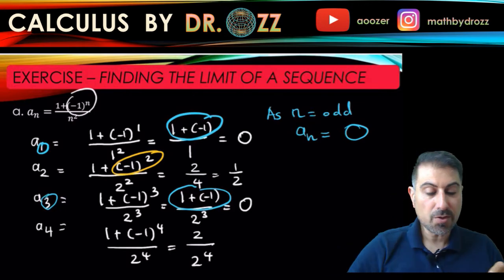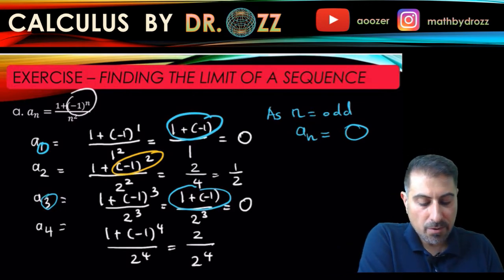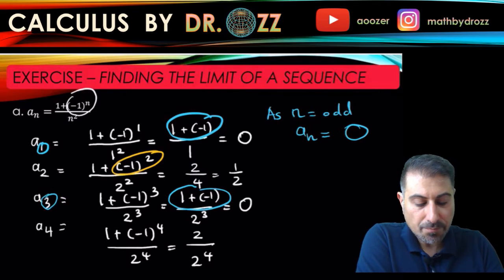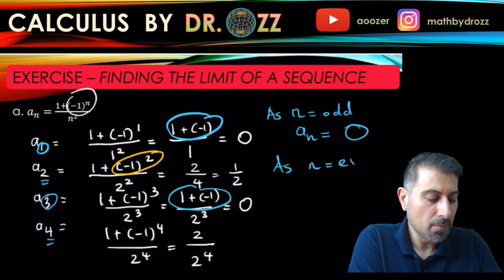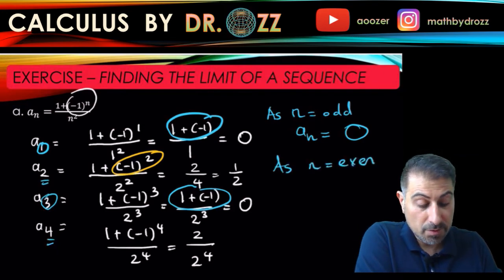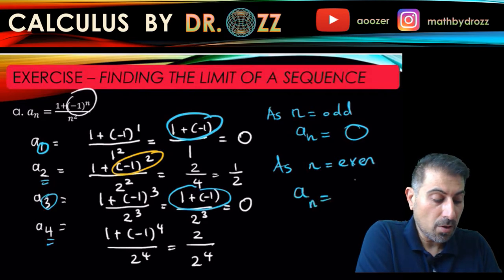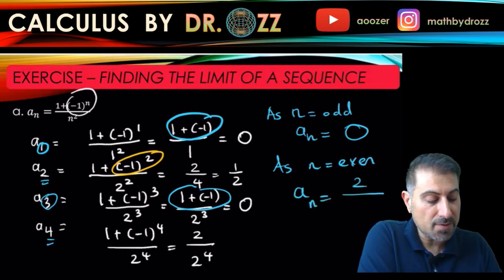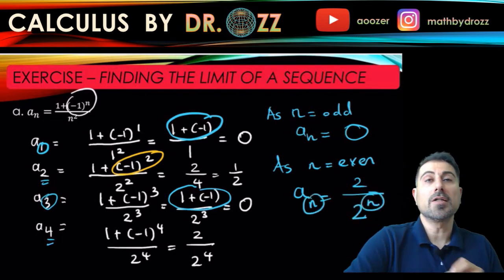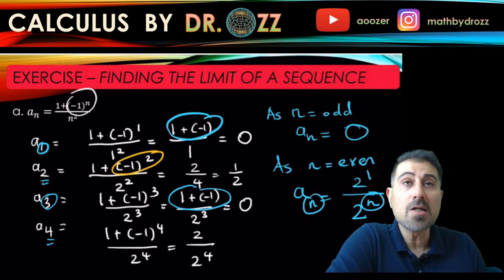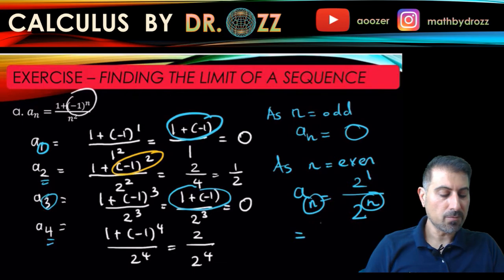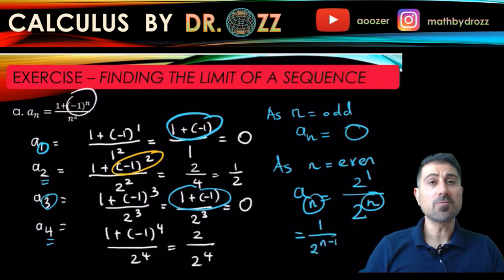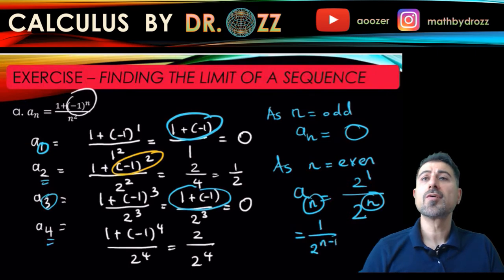Okay, so that's also an interesting pattern here: when n is even, the top is always 2. The top is always 2. And the bottom is governed by what n is.